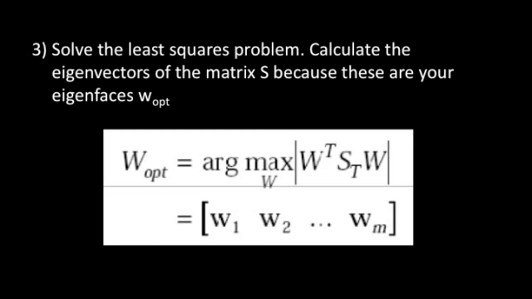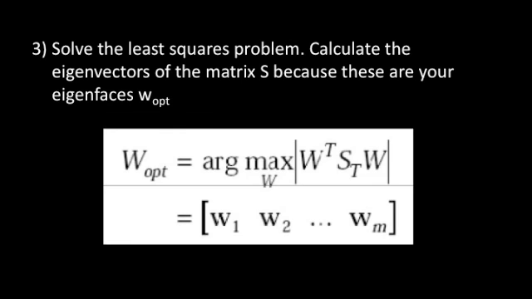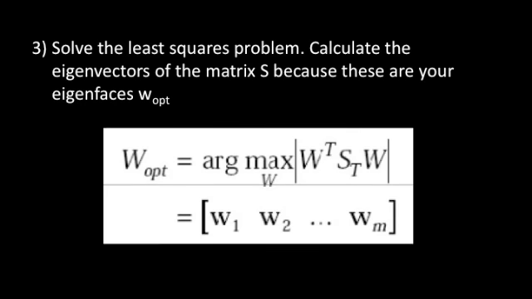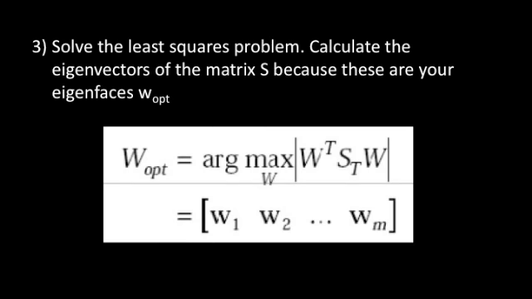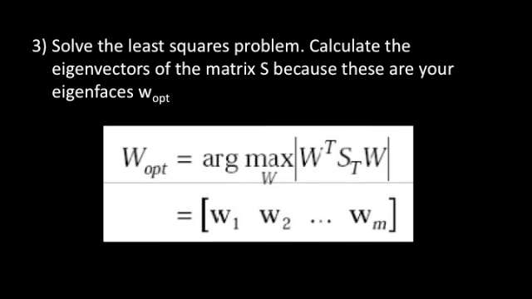Once we have built the covariance matrix S, finding the eigenfaces or the eigenvectors of the matrix S simply becomes a least squares problem. Least squares is a very well studied topic in linear algebra, and one way to solve this is by solving the singular value decomposition of a matrix.